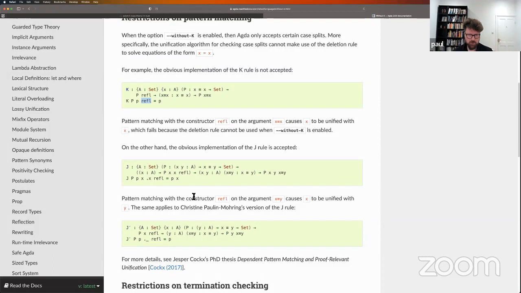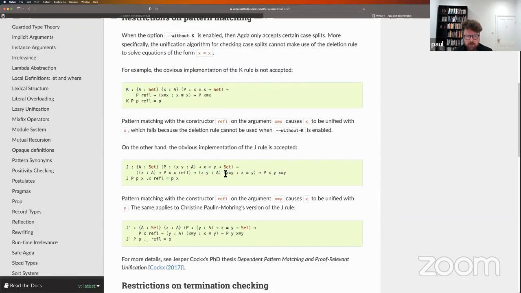The J rule is saying what? So we now have two, we have X and Y. So now our equality is parameterized by X and Y, not just X. What does this mean here?